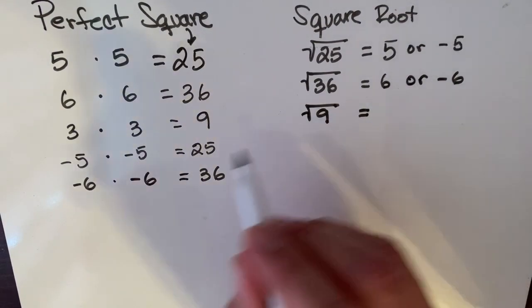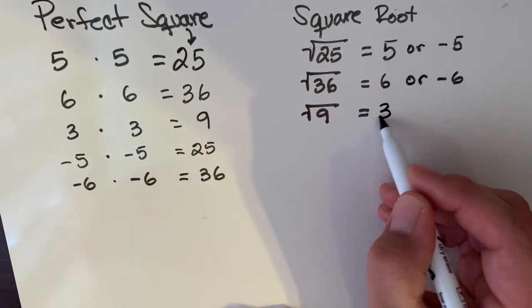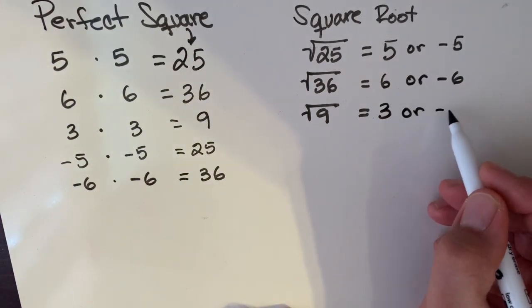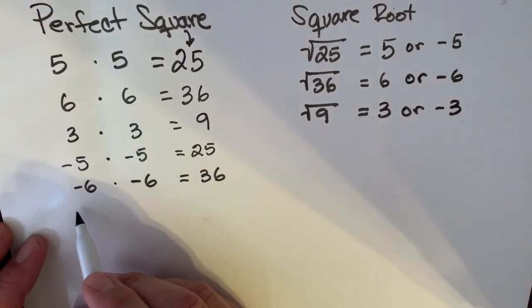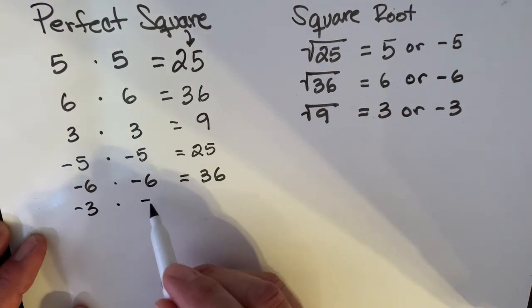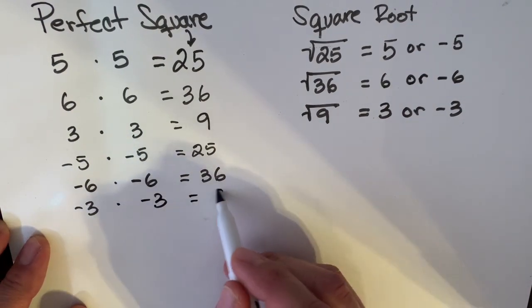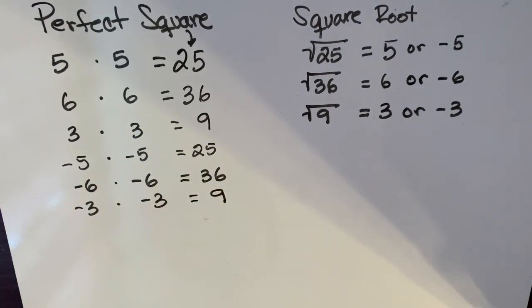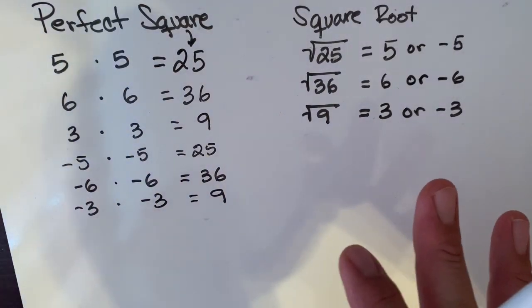The square root of 9 is 3, but it can also be -3, because -3 times -3 is also positive 9, since a negative times a negative equals a positive. So these are examples of perfect squares and square roots.